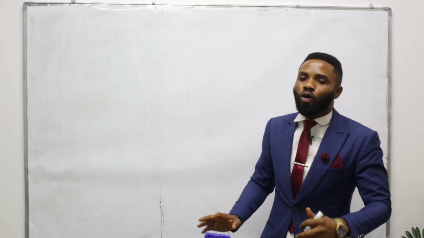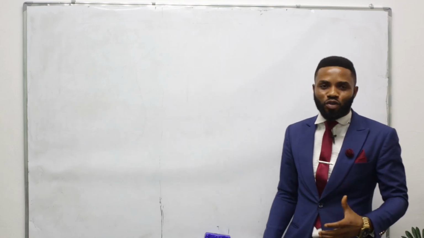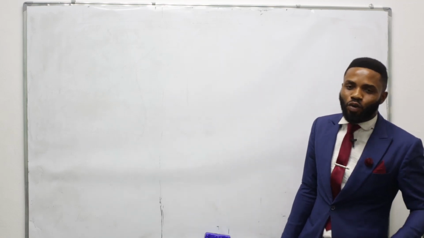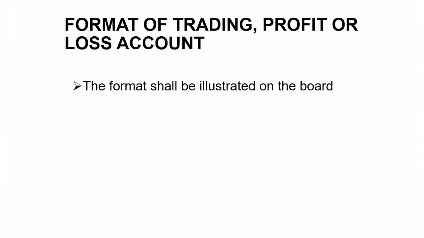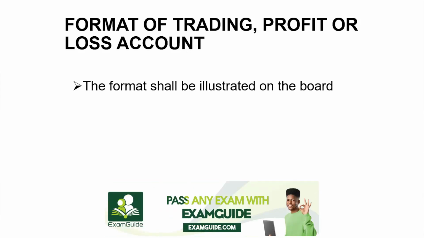Now, having said all of this, how does trading profit or loss account look like in real life? At this point, I will want us to take a journey to the board where I will just give you a rundown. This is going to be a sketch of how the trading profit or loss account should look like.